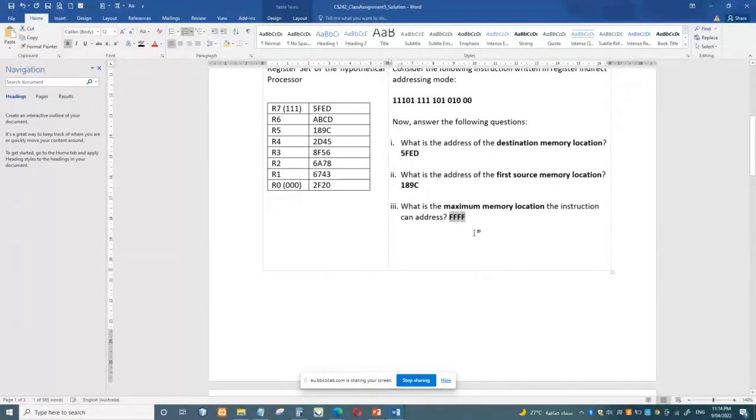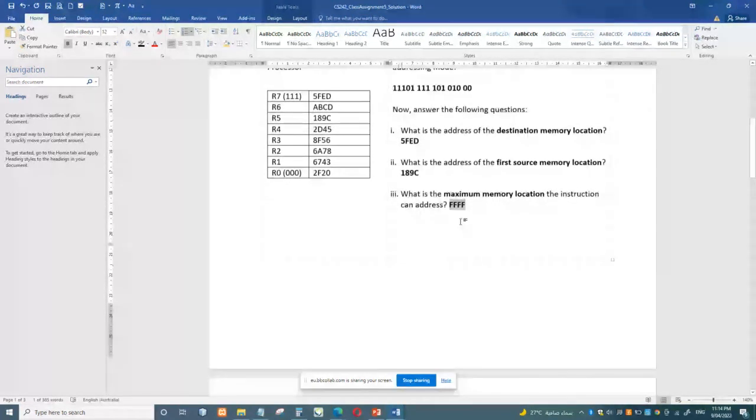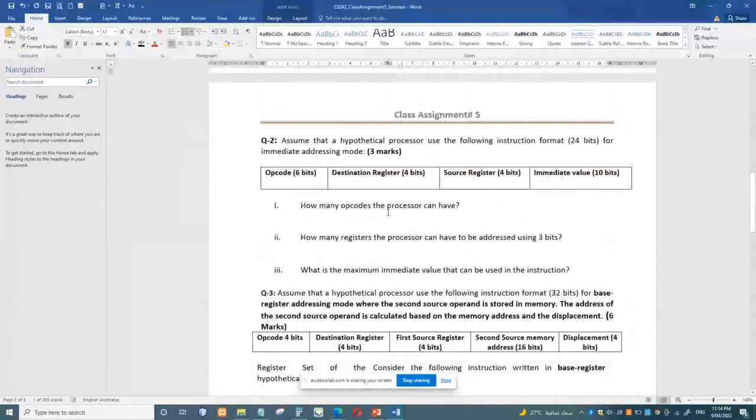Remember, 2 to the power 16 will tell you how many bytes can be accessed using register indirect addressing mode. Assume a hypothetical processor.